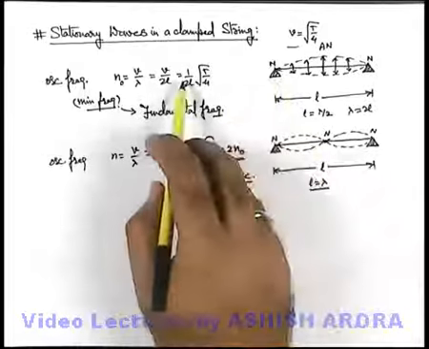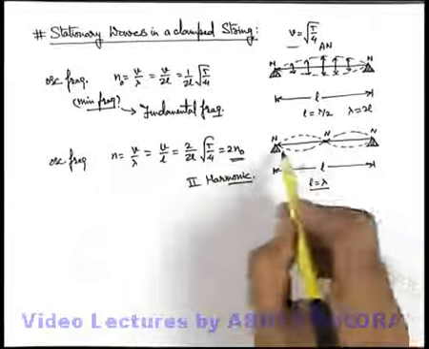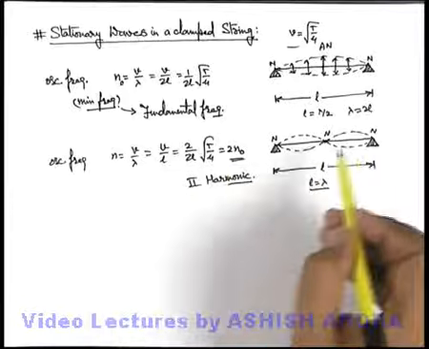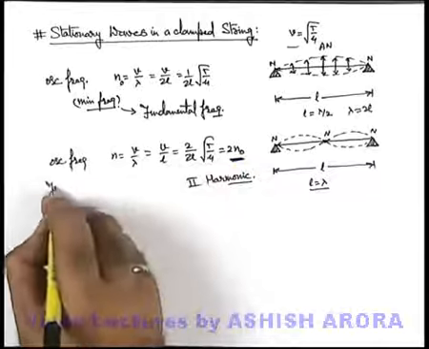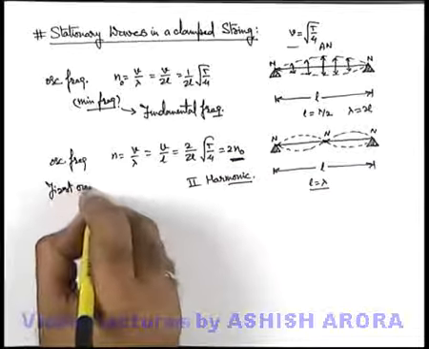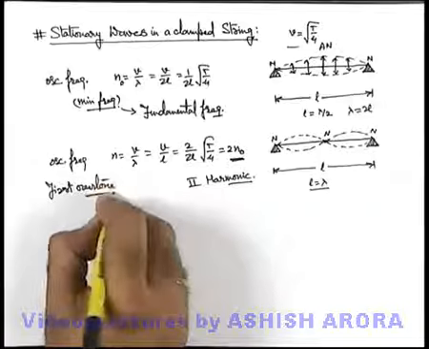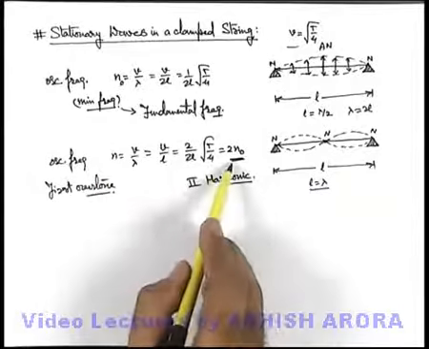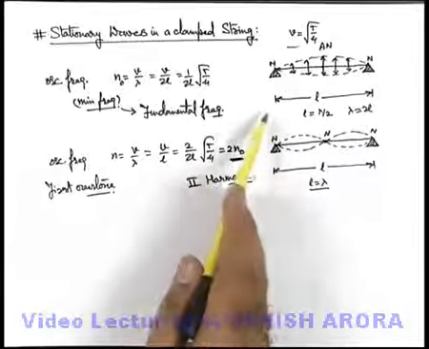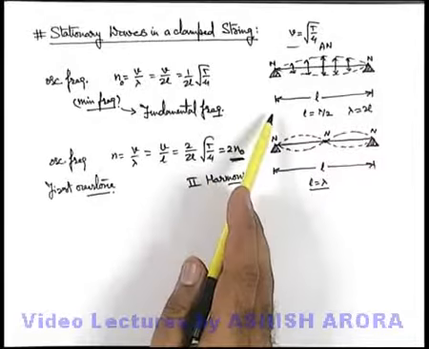So the next frequency at which stationary waves can be obtained in the string is twice the minimum frequency. That's why it is called the first overtone, because there is no possible frequency between N0 and 2N0 at which stationary waves can be established here.